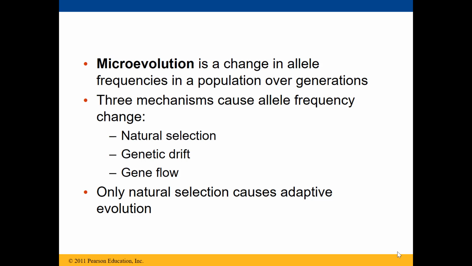Natural selection is adaptive. Natural selection is adaptive, and what does that mean? What word have we talked about already in this class that starts with the same 5 letters? What were you going to say? Just tell me what you were going to say for adaptive.